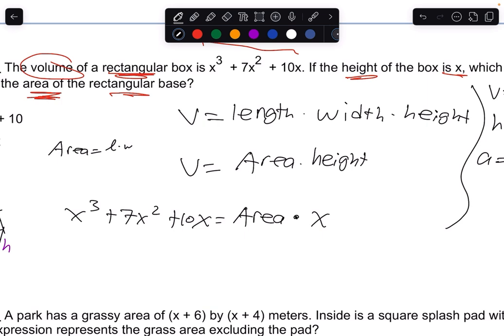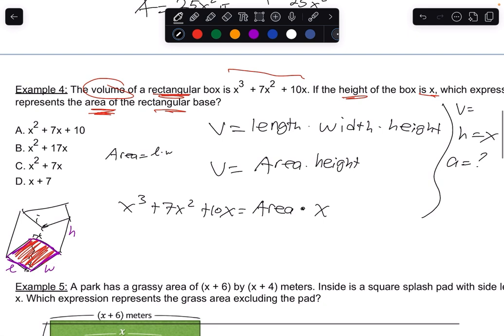So 2 different ways to approach this. One way is by the good old-fashioned math way, which I'll show here in a second. And the other way is kind of using some logic. What is the area? Well, what they did was take the area equation, which is one of these four, multiply that area equation by x, and end up with x cubed plus 7x squared plus 10x.